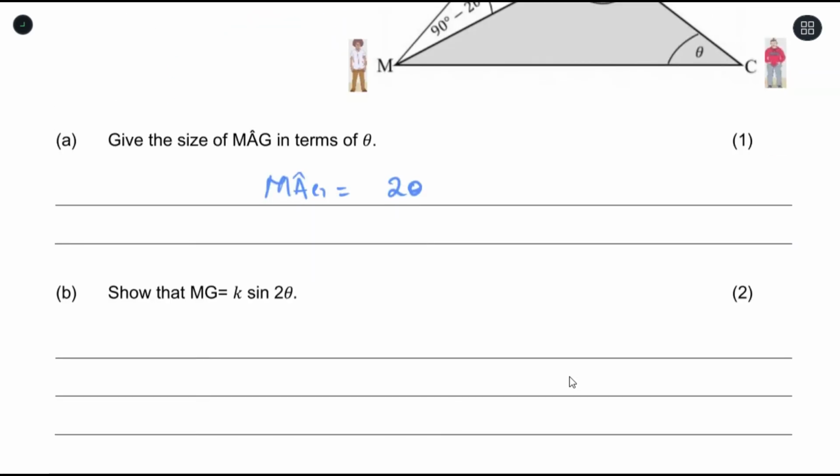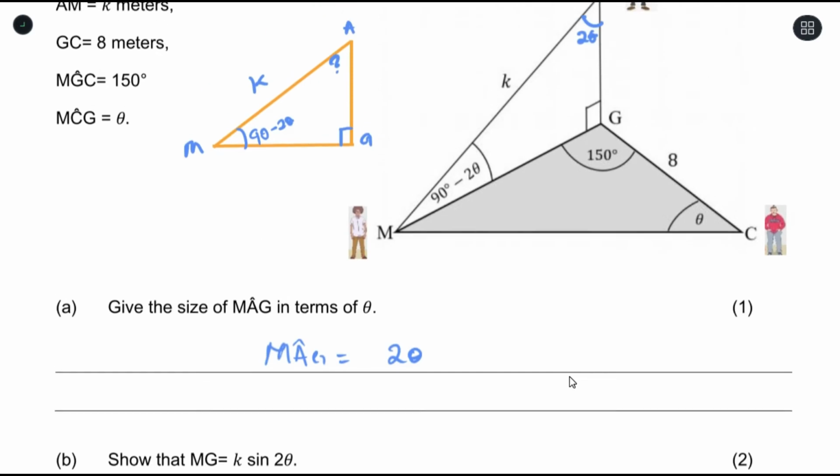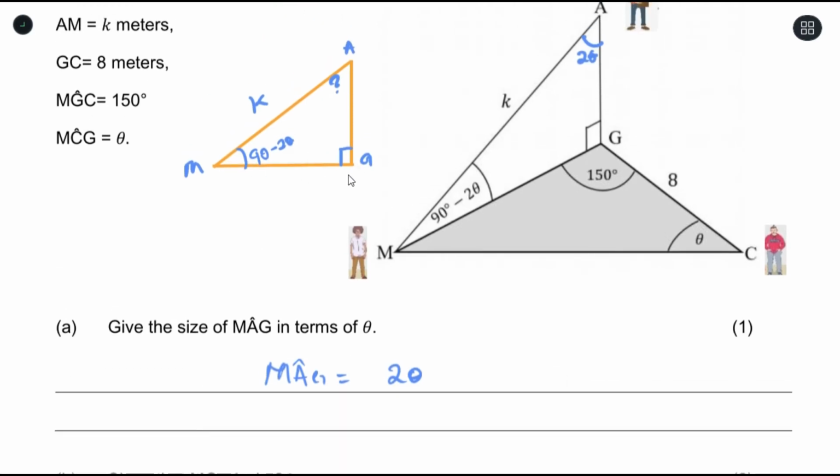The next question says, show that MG is equal to K sine 2 theta. Now we are trying to find this one over here. Now that we've found this angle here to be 2 theta, I can say MG is opposite of A, and since it's a right angle triangle, we can use SOHCAHTOA. This is my opposite, that's my hypotenuse, so I could use sine.